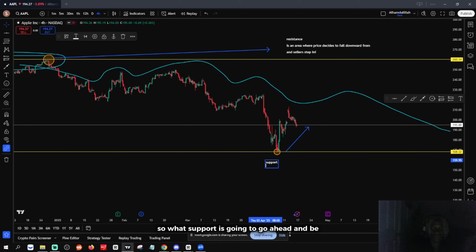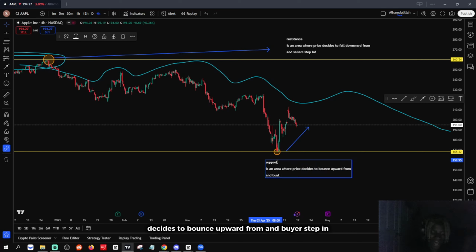That's going to signify the opposite of resistance, which is going to be support. So, support is an area where price decides to bounce upward from and buyers step in. Okay?